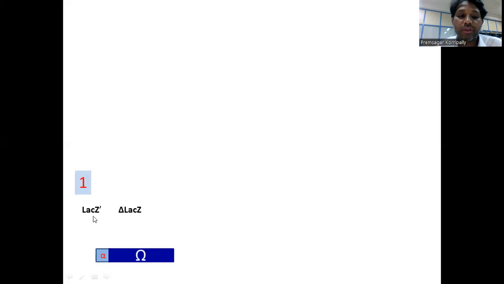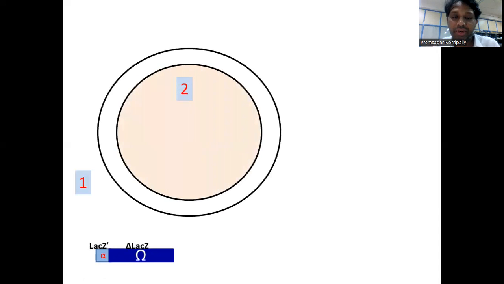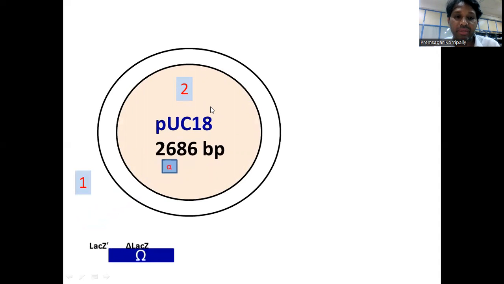So if you can incorporate the alpha peptide encoding LacZ prime region into the pUC vector, you see, this is a pUC18 vector. The LacZ region encoding DNA fragment is incorporated into pUC18, downstream of the PLac promoter.